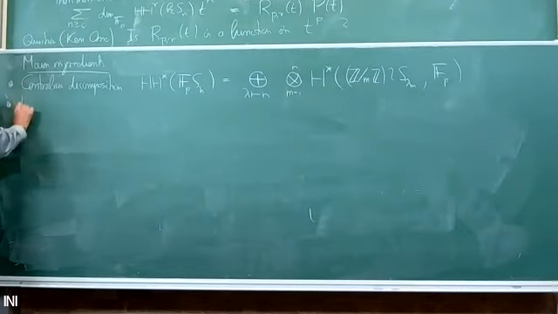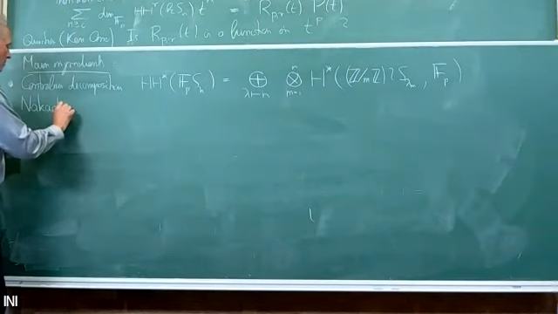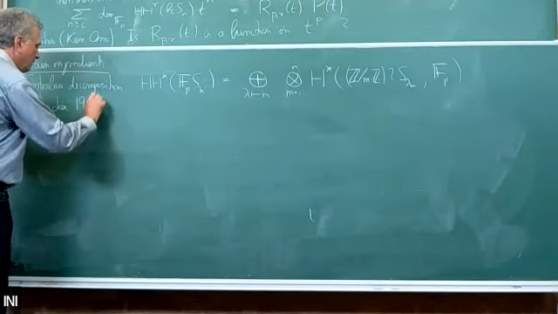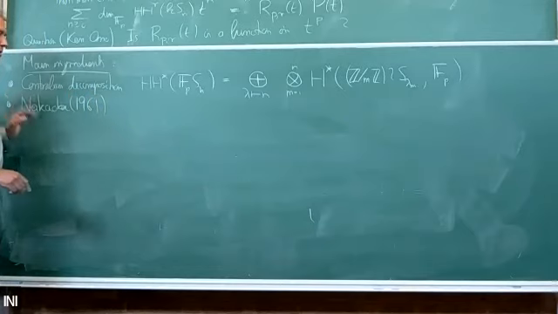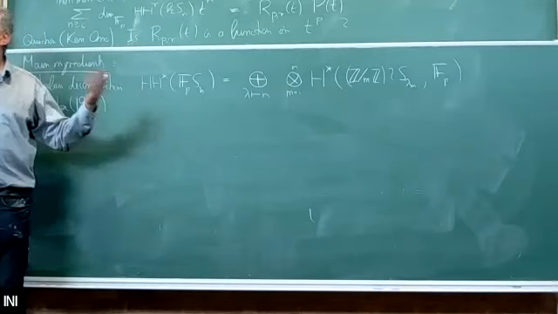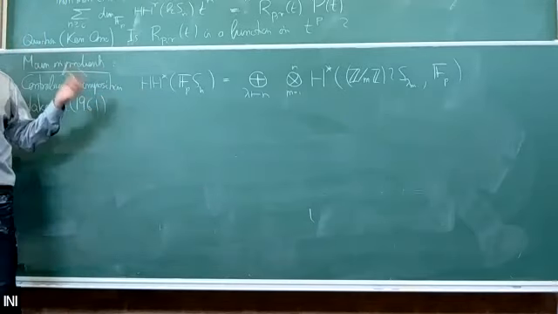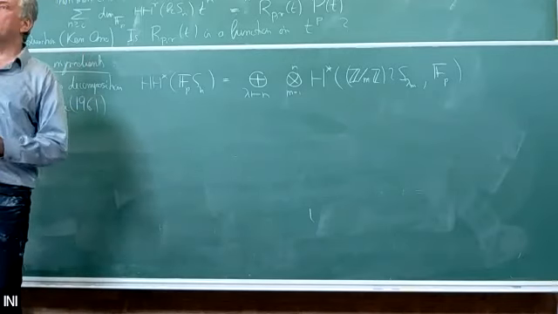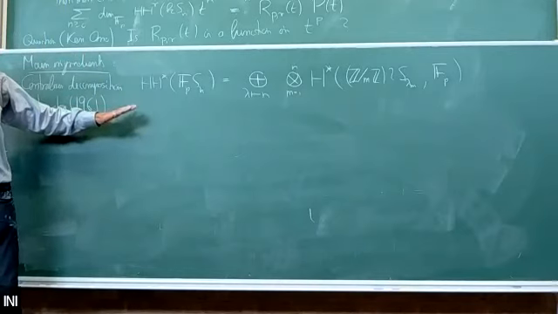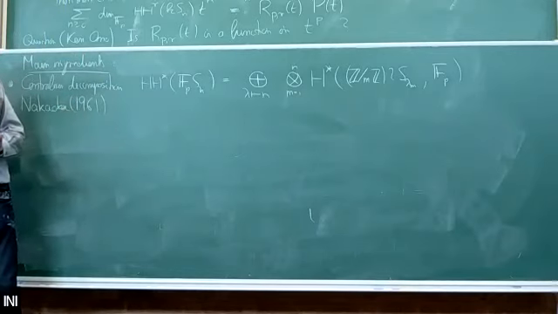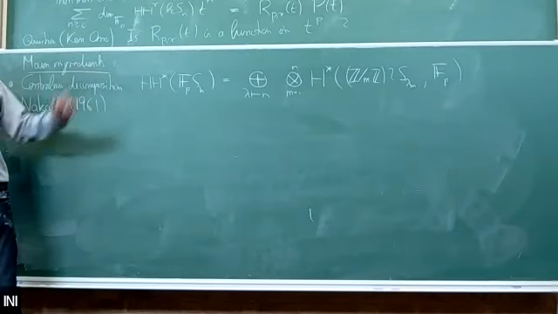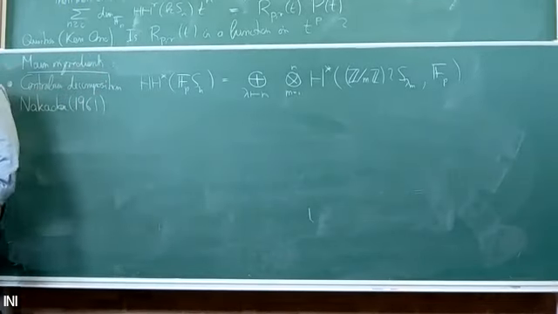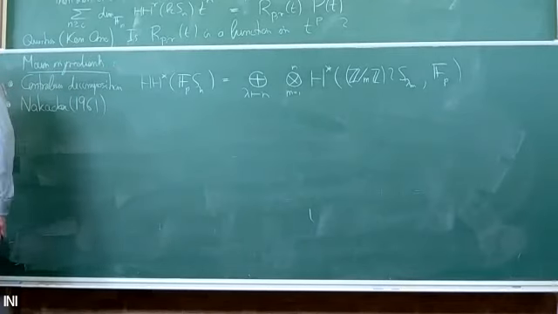Then there's another key ingredient, which is work of Nakaoka from 1961 in the Annals, which is a stability result on cohomology of symmetric groups. So Nakaoka studied the cohomology of the infinite symmetric group being the colimit of the finite symmetric groups, and realized that in every fixed degree, as you go to infinity with the degree of the symmetric groups, the cohomology becomes eventually constant.